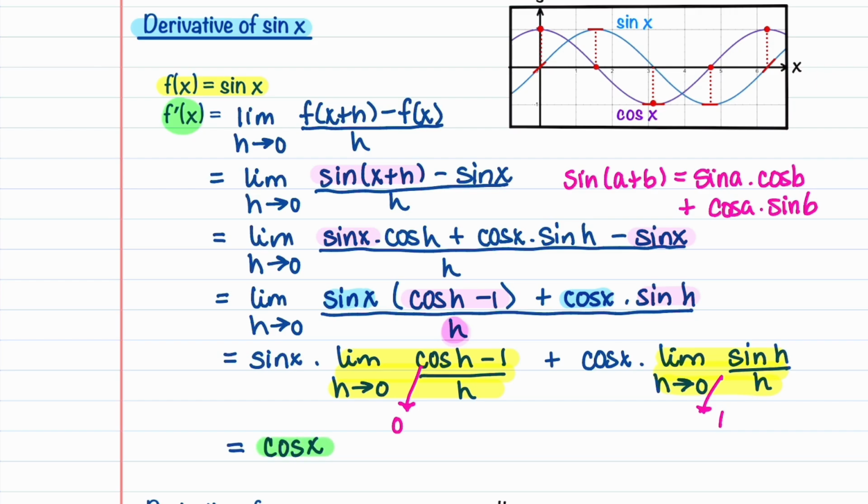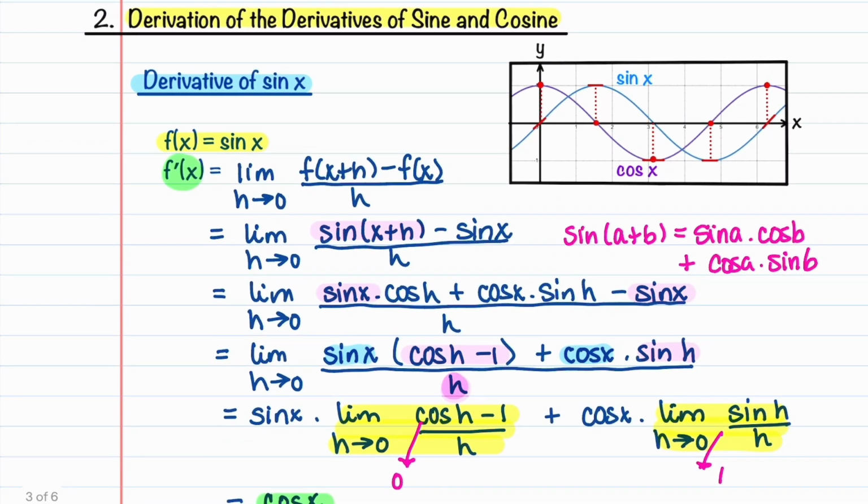I always like students to understand this graphically as well. So I have graphed up here in the upper right sine x and cosine x. Remember that the derivative is just the slope of the function. Let's look at our sine graph. At x equal to 0, the slope is 1, and that's what cosine is equal to.